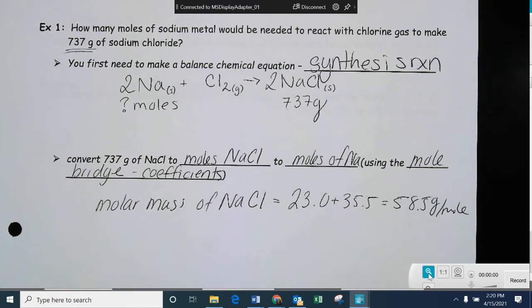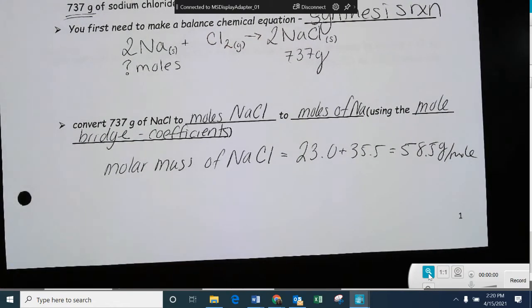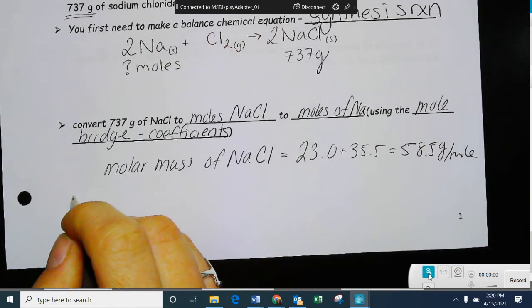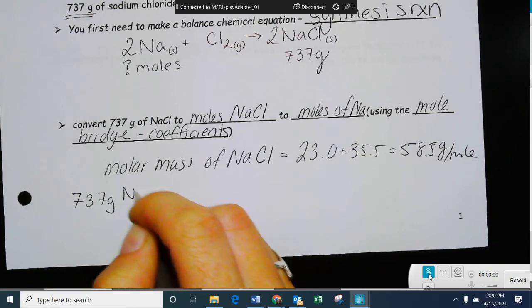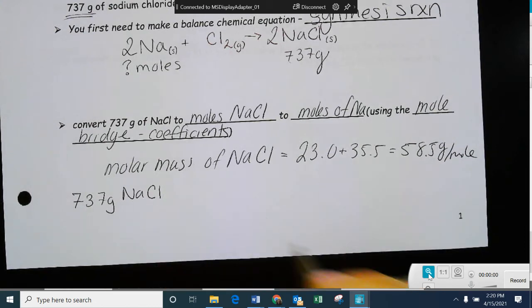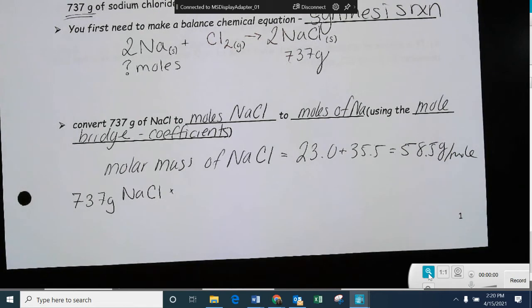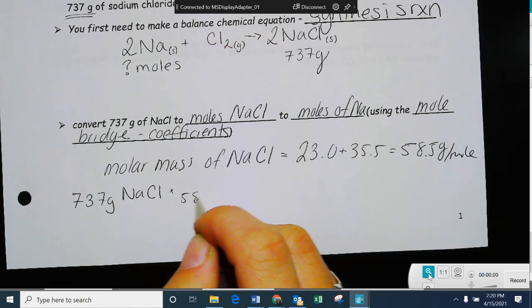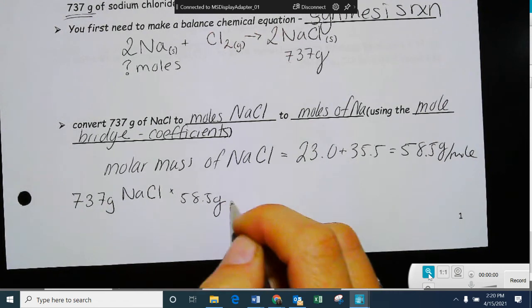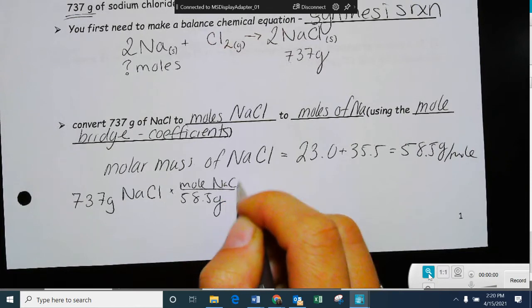And then for the rest of the calculation, so if I know I have 737 grams, or I want that, of sodium chloride, then I'm going to multiply that by my ratio, grams per mole. So 58.5 grams per mole of sodium chloride.